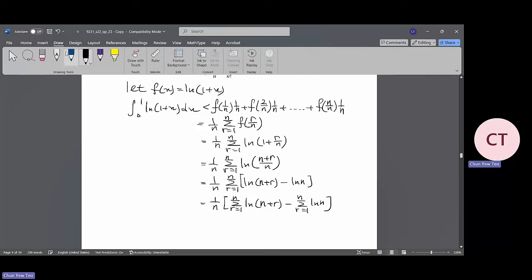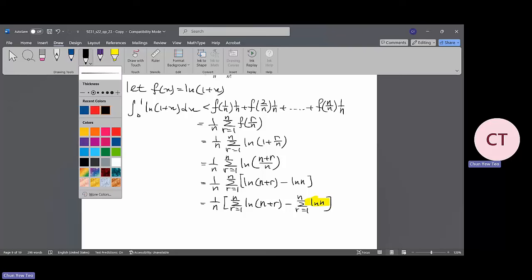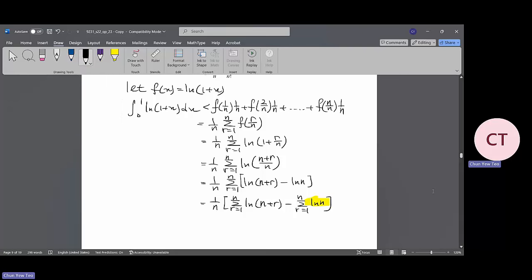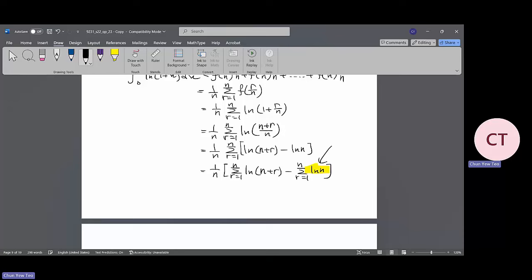Take note that ln n is a constant. So when you sum the constant, where r starts from 1 until n, the result will give you n ln n.